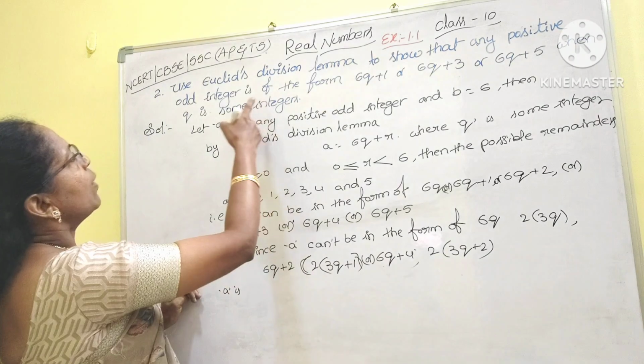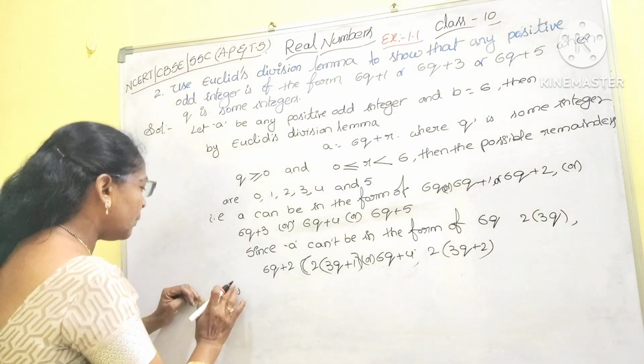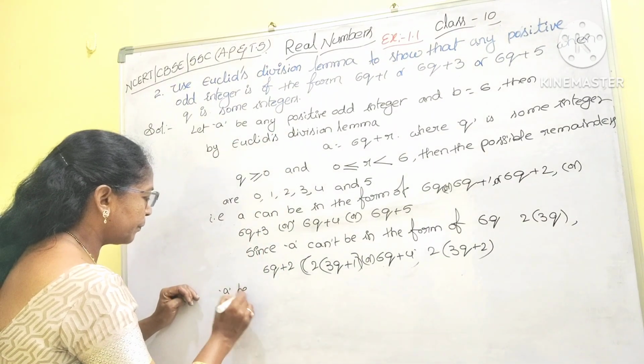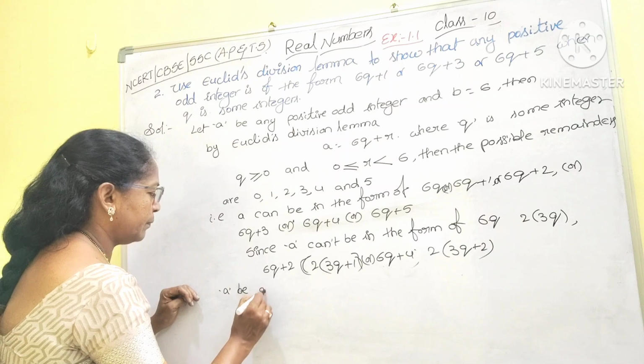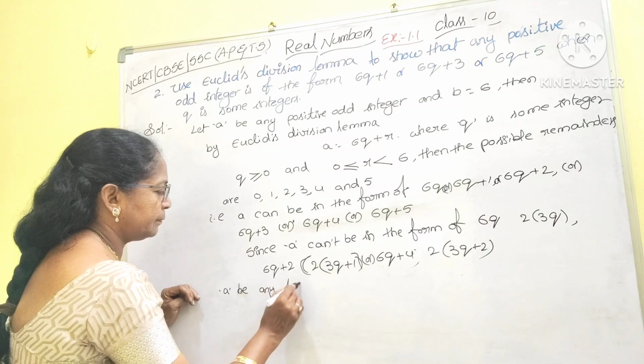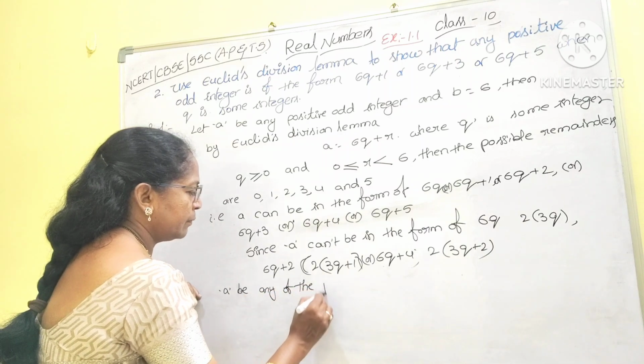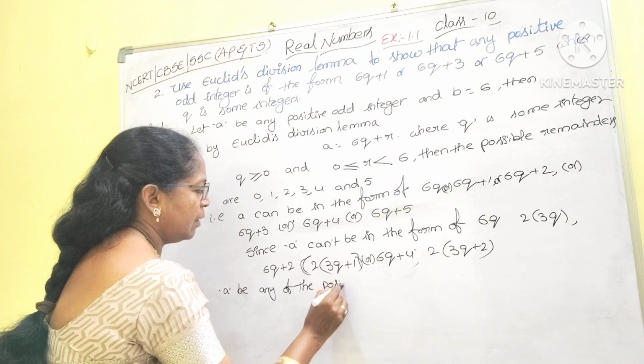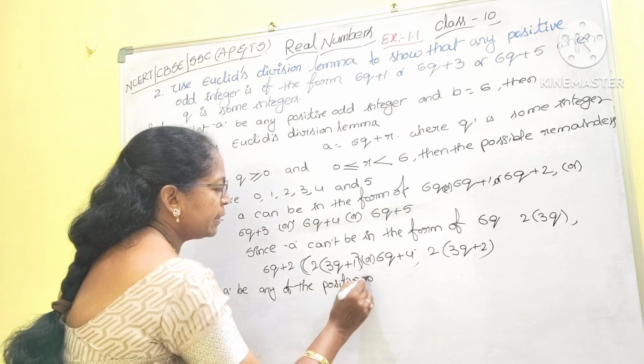What is given? A is a positive odd integer.